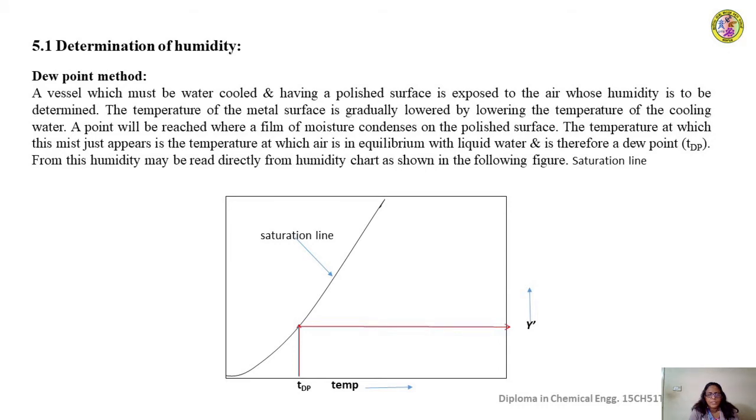So that lower temperature, at which the mixture becomes exactly saturated with water vapor, is found out, and using that value you can read the humidity from the humidity chart.